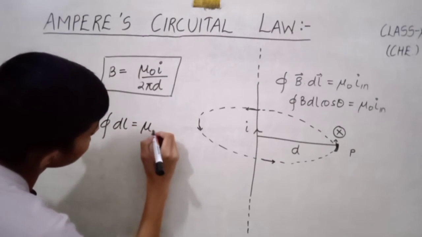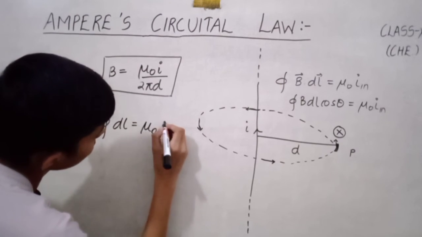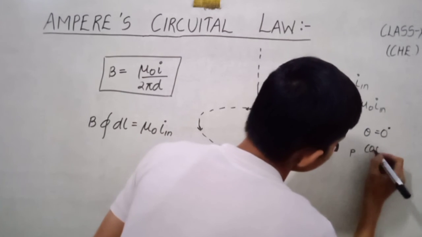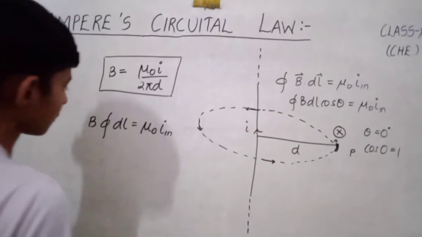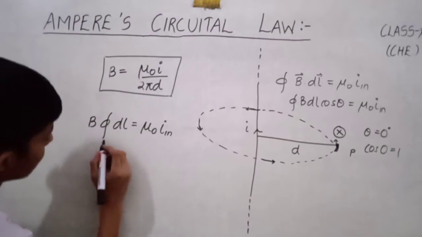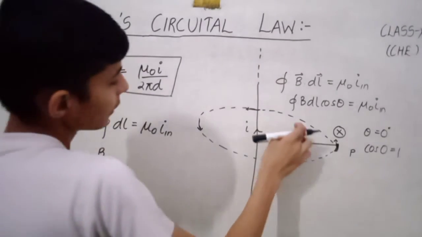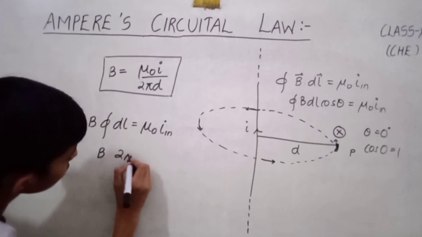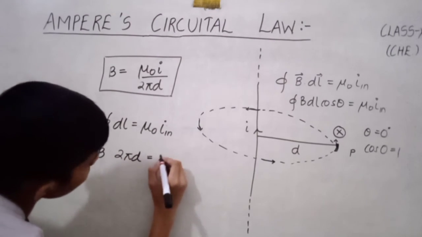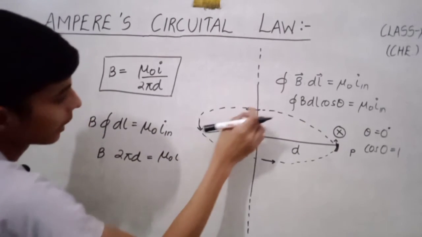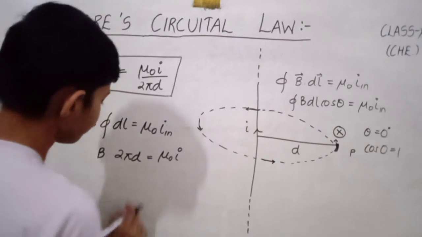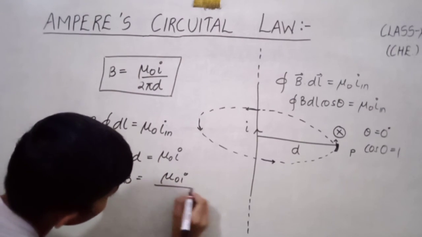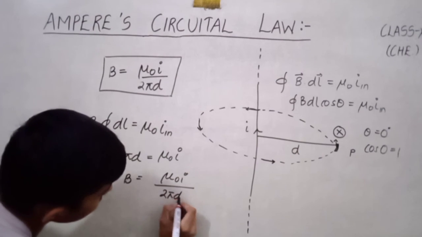The integral of dl equals mu naught I. Here theta is 0 degrees, so cos 0 is 1. Now the integration of dl gives the circumference of this loop, which equals 2 pi d, so B times 2 pi d equals mu naught I. The current I is flowing through this wire, so the magnetic field becomes mu naught I divided by 2 pi d.